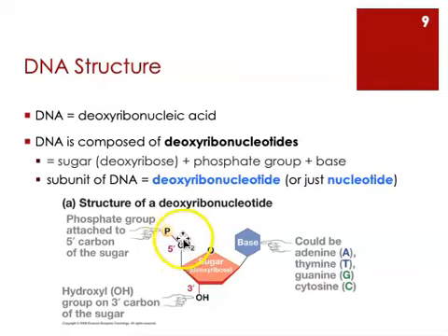Now, attached to the 5 prime carbon is the second part of this molecule, which is a phosphate group. Now, they haven't drawn the phosphate group out in its entire structure. Remember, a phosphate group has a phosphorus atom in the middle and then oxygens surrounding it.